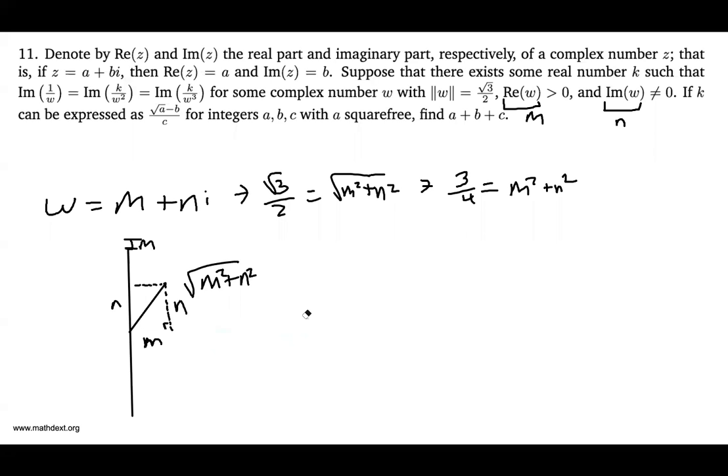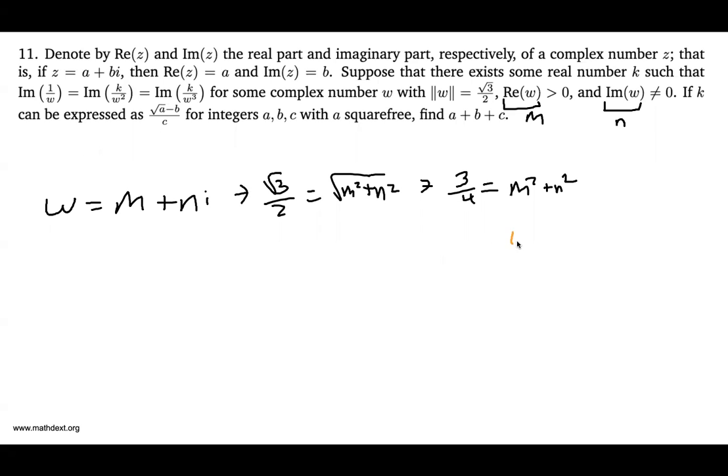Okay, so that's helpful and all. But what do we do about this new equality, namely that the imaginary part of 1 over w is equal to the imaginary part of k over w squared, which is equal to the imaginary part of k over w cubed? Well, in order to use this equation, we need to specify an identity, and that identity is as follows.